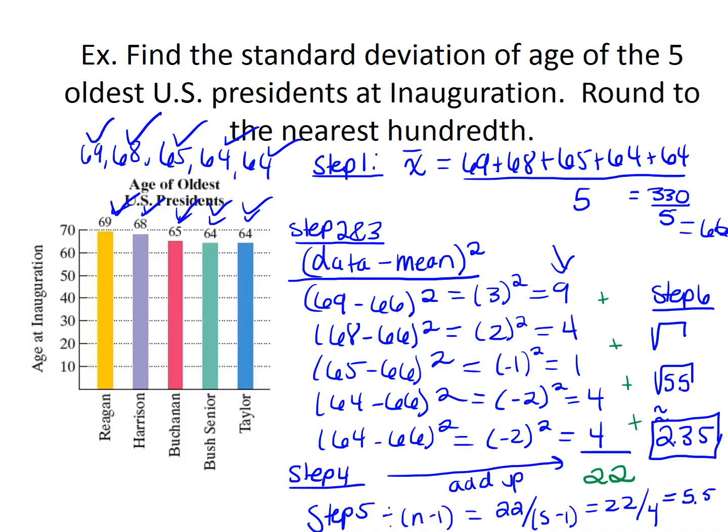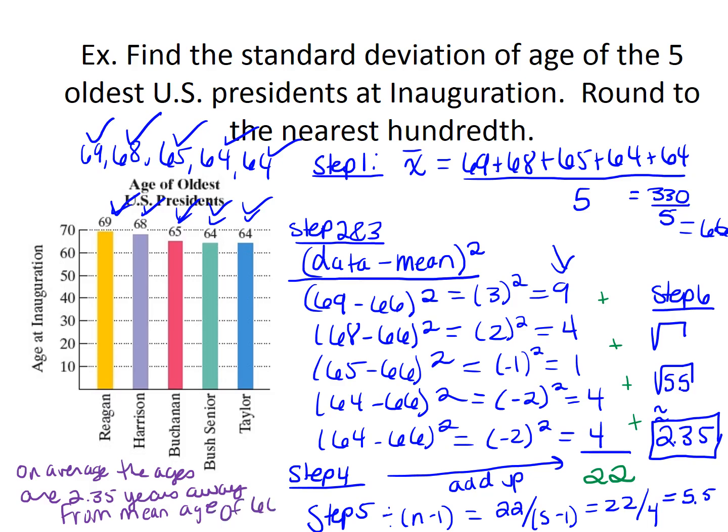So what this means is, on average, the ages are 2.35 years away from the mean age of, what was the mean age? The mean age was 66.